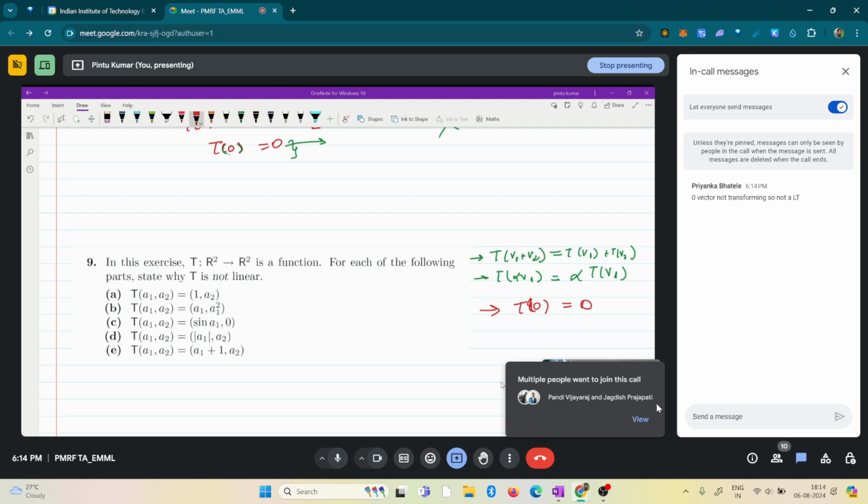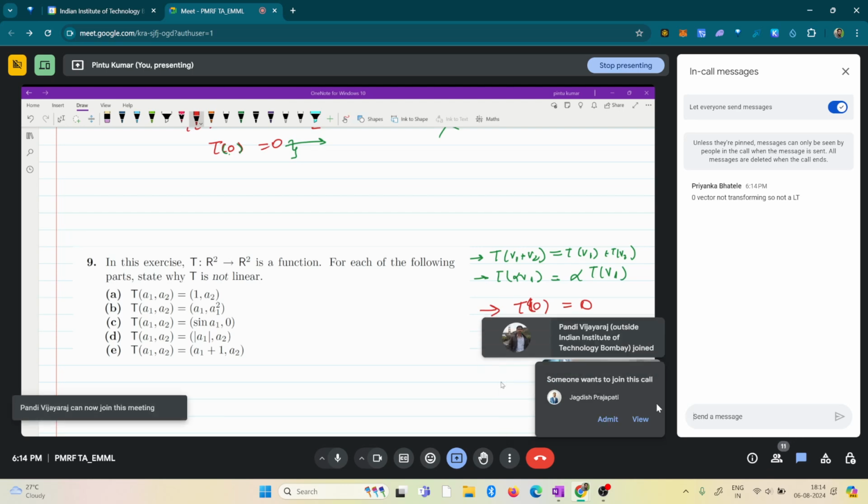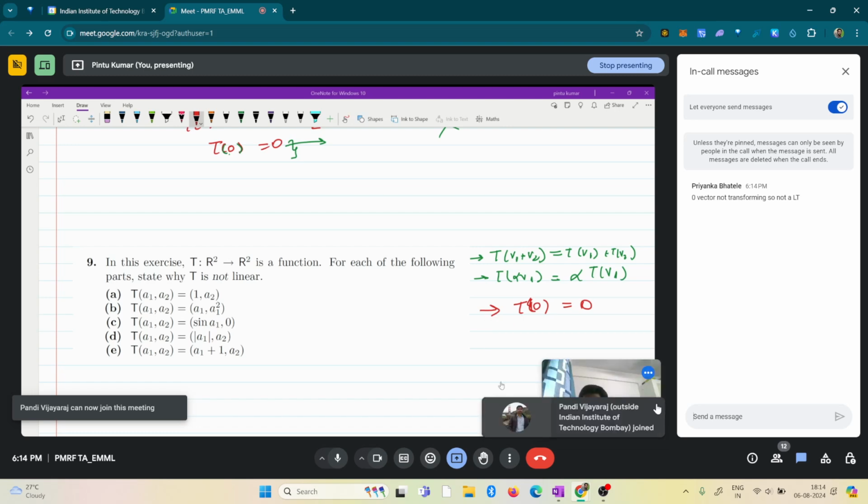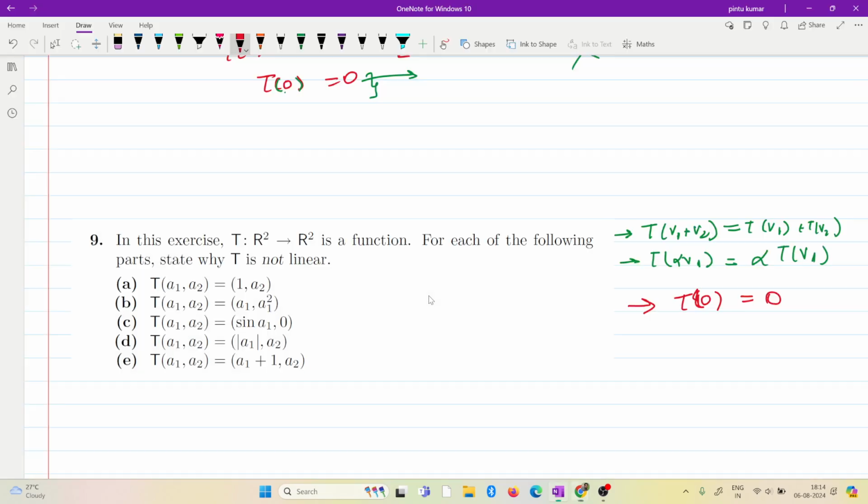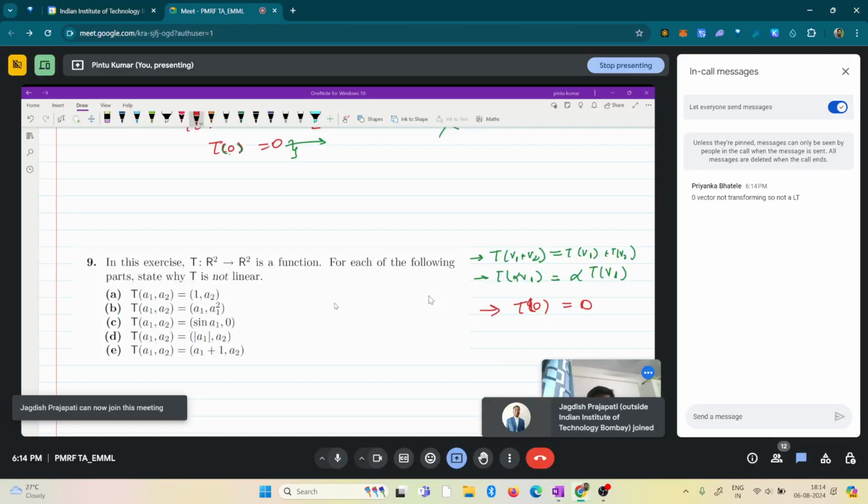Yeah, somebody said that. Others also, can you please try and tell whether A is a linear transformation or not?